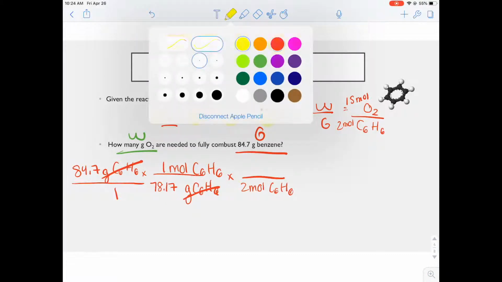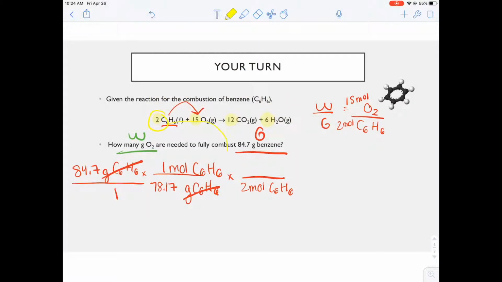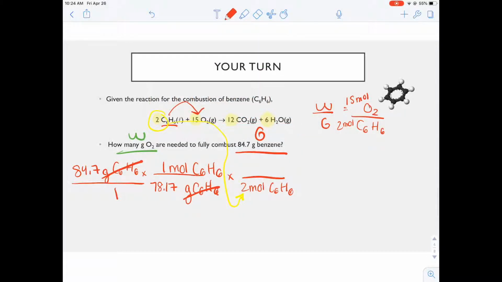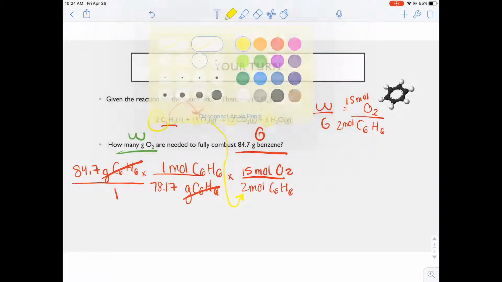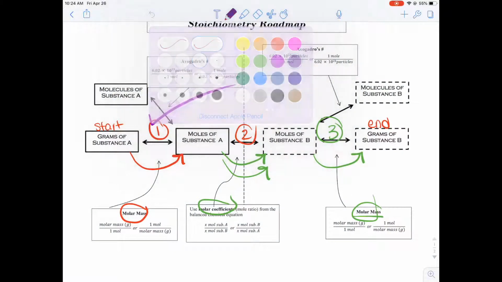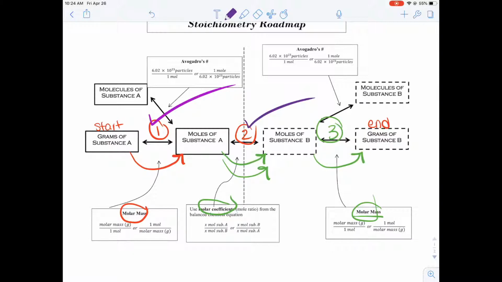We got this 2 here. And 15 moles oxygen on top. We got that there. Lines it up this way, wanted over given always, so that our units can cancel. And now we've successfully gotten from one substance to the next.